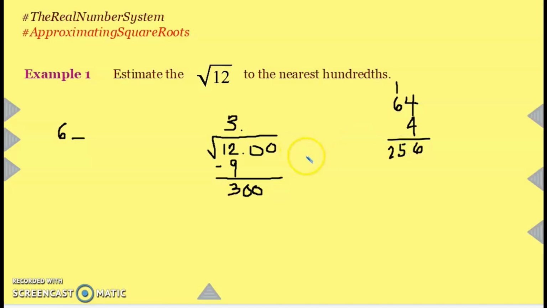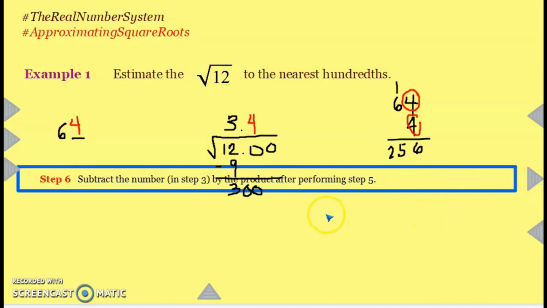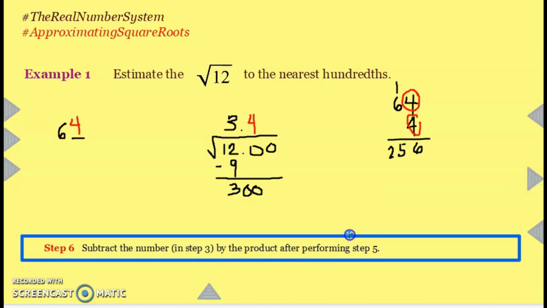So si 256 ay closer to 300. Okay? So I'll be using a red color for the digits, the decimal part. So nakita mo 4 ha, ito yun yung 4. So we write 4 here and 4 here. Okay, we still need to look for the 2 more digits. Okay? Punta tayo kay step 6. So step 6.